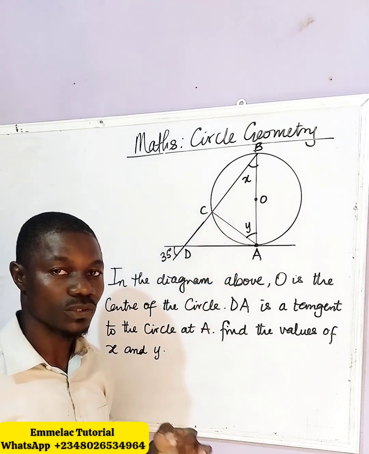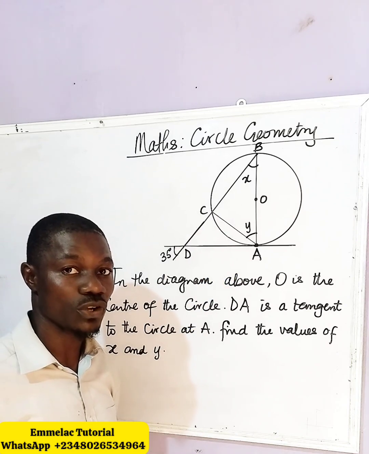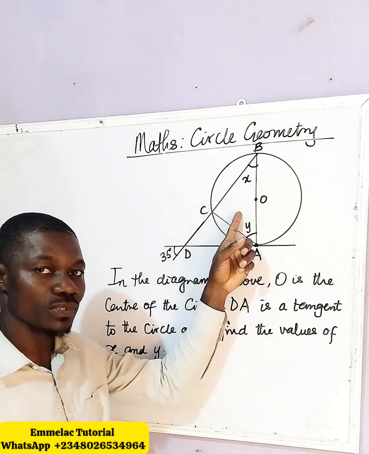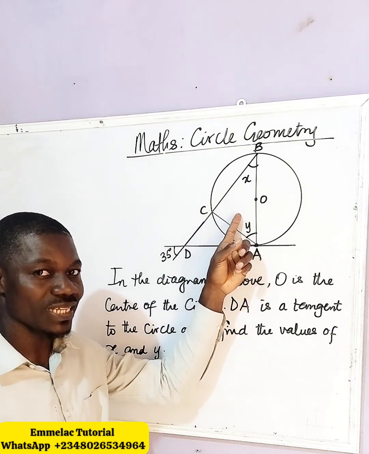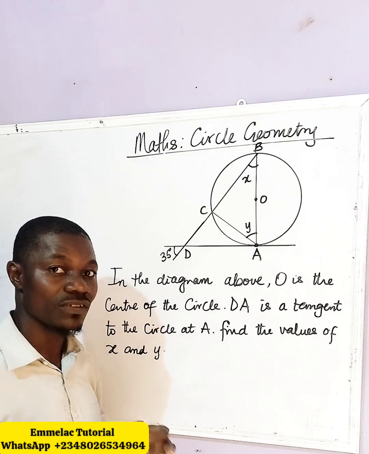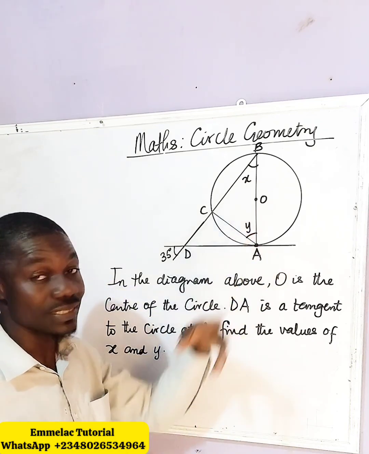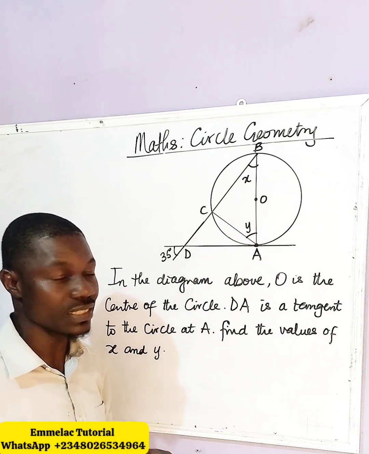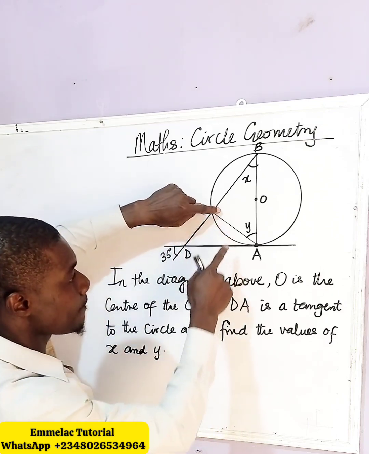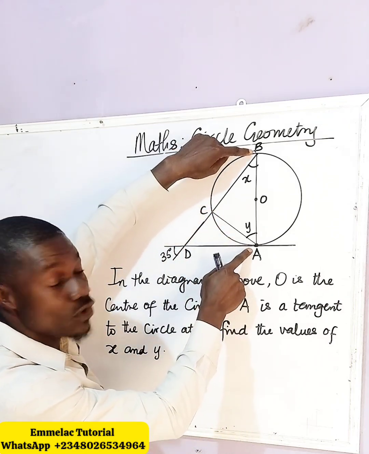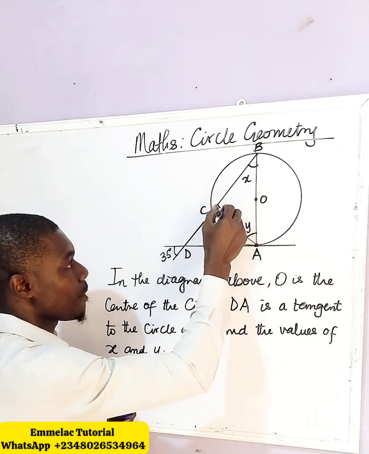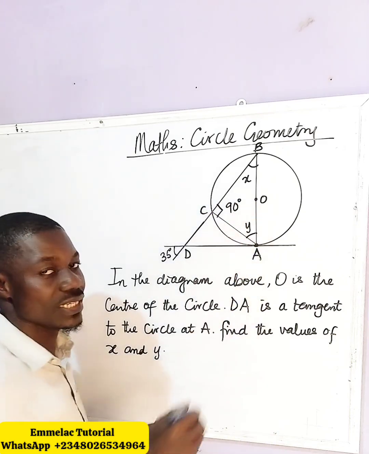One of the circle theorems says that the angle formed in a semicircle is 90 degrees. What does that imply? That this angle formed by these two lines from the semicircle is 90 degrees. So we agree that here is 90 degrees.